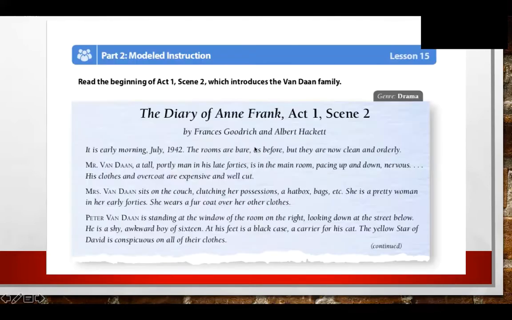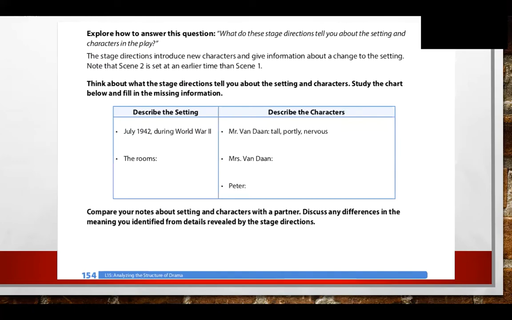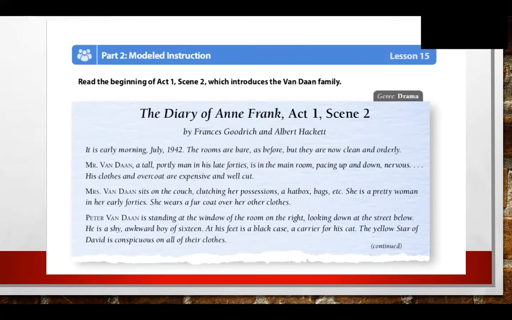Mrs. Van Daan, she has a lot of possessions with her, a hat box, bags, etc. She's a pretty woman in her early 40s, and she wears a fur coat over her other clothes. And then we have Peter. We're introduced to Peter. Peter is shy, awkward, and 16.